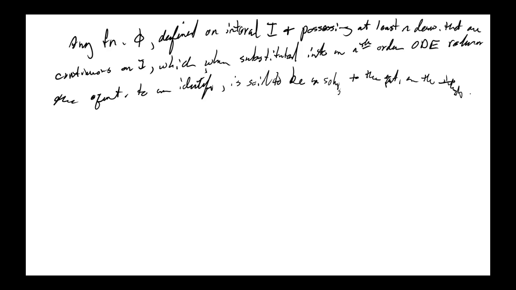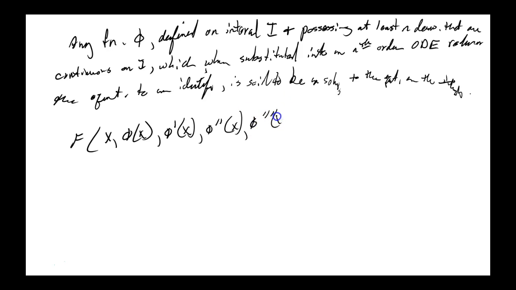So in other words, a solution for an nth order ordinary differential equation is a function phi that possesses at least n derivatives and for which, going back to our other form of writing it, f of x, phi of x, phi prime of x, phi double prime of x, phi triple prime of x, keep on going, up till you get to the nth derivative of x, is equal to 0.